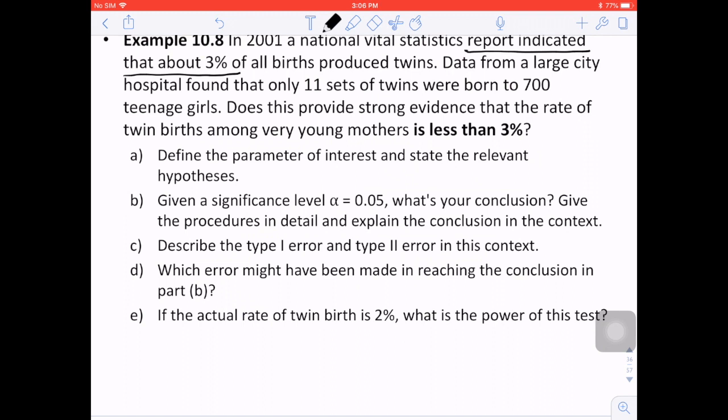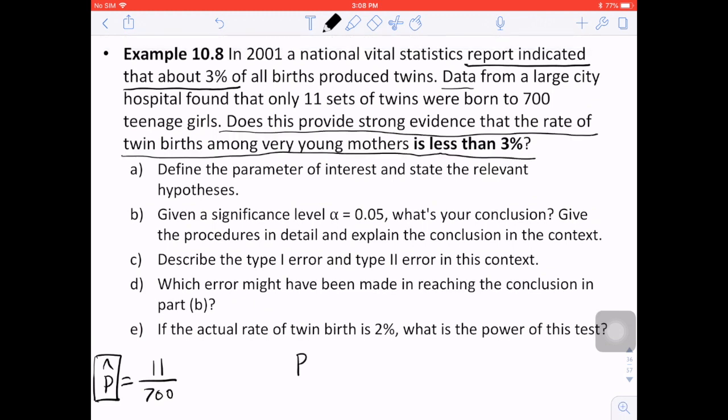So the sample is 11 sets of twins born to 700 teenage girls. The proportion should be 11 divided by 700, right? This should be my sample proportion. It shouldn't be the population proportion because it's drawn from the data.